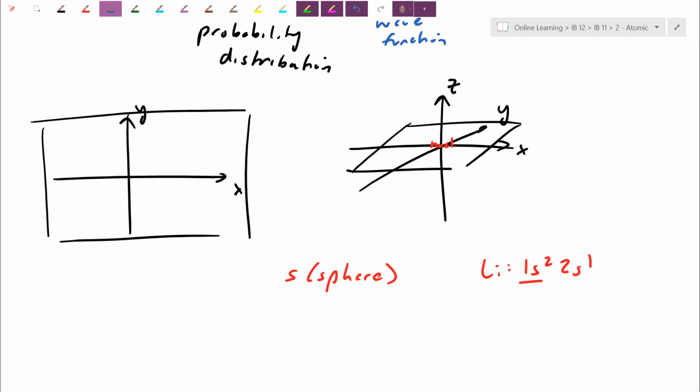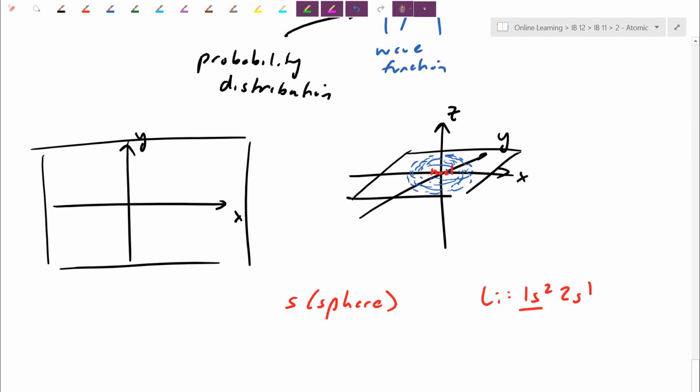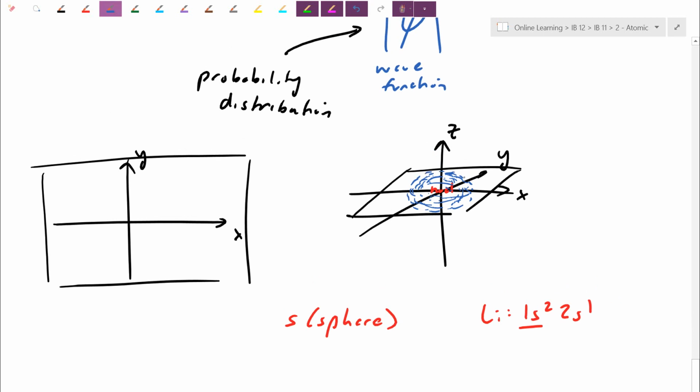What I'm marking off is a region of space, almost like a soccer ball size shape, where there's a good chance of finding that electron. This would really be like a dotted diagram. This was that probability distribution. It means I have a good chance of finding my electron there. Notice that there are no walls on this container. It's not like you're stuck inside a room and you can never leave.